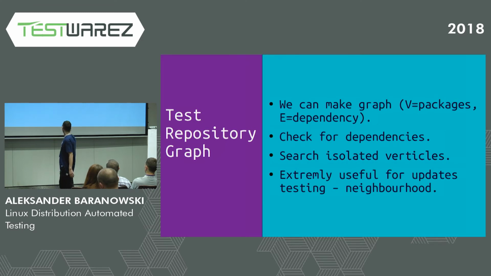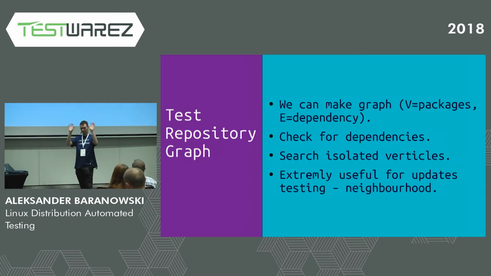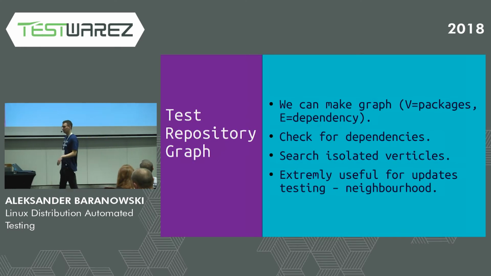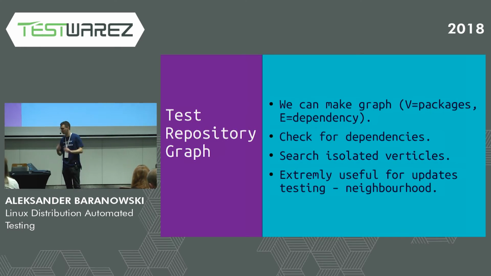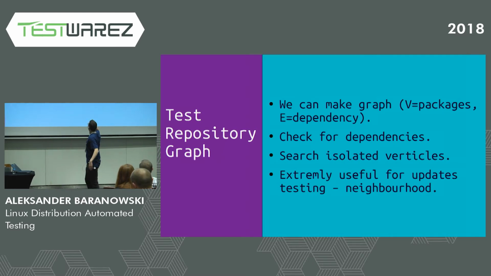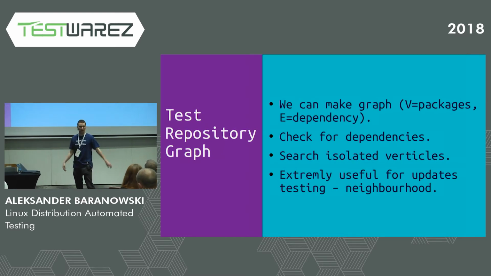And extremely useful for update testing, the neighborhood. So we have the package, and if other packages need this package, we also test them when there is an update. We test if they build, if their tests pass, and so on and so on. The most important test is the repo closure.